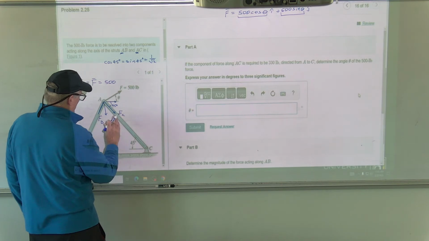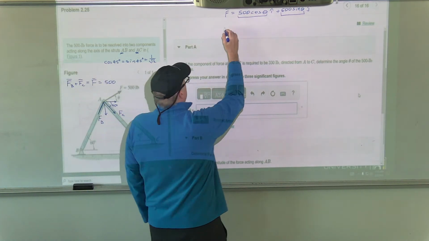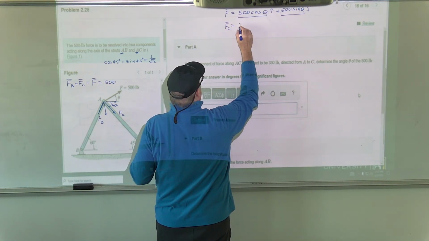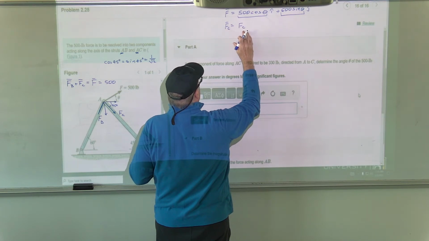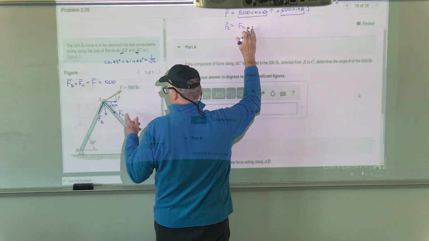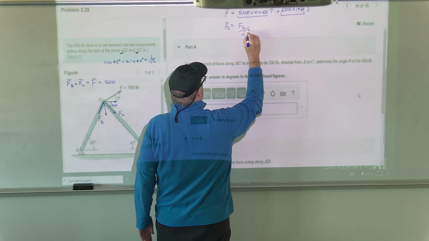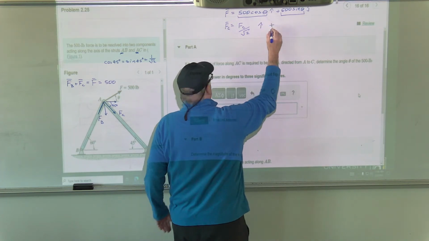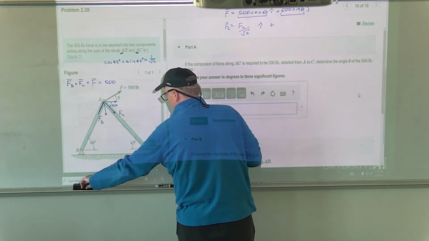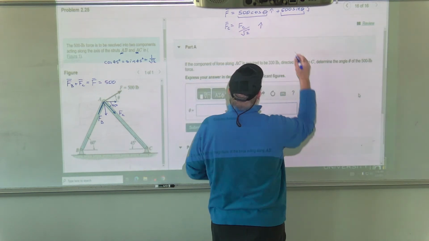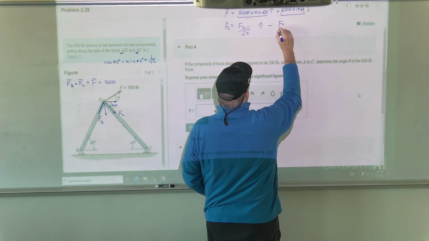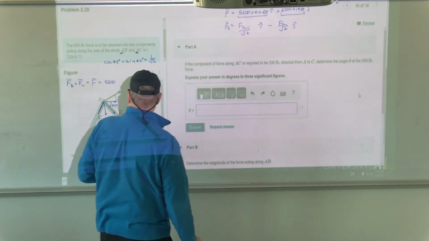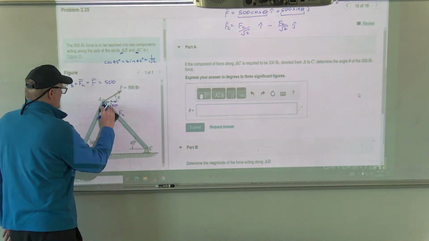So, with that in mind, I'm going to list this force as FC equaling the magnitude of FC, which I'm just going to call FC without a bar, over square root of 2, this looks funny, moving in the x direction, plus, but it's going in the minus direction. It's going down, so it needs to be a minus FC, the value of FC, in j. So I broke it into its two components.